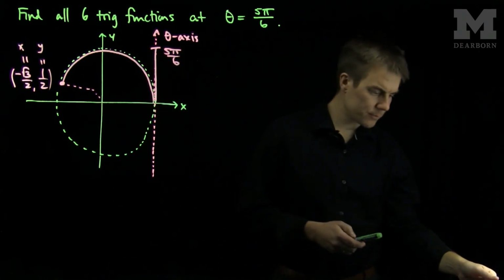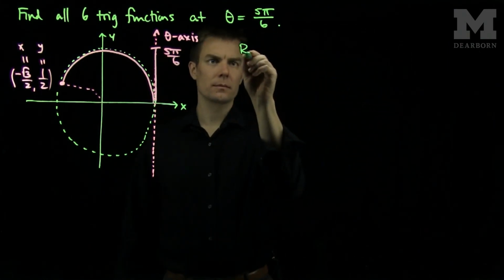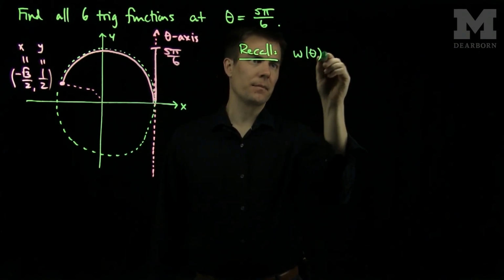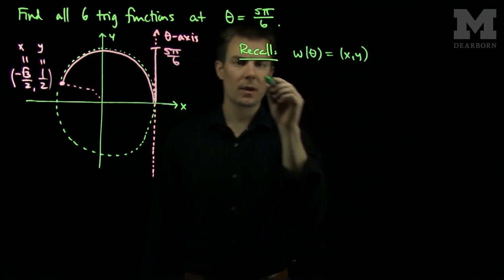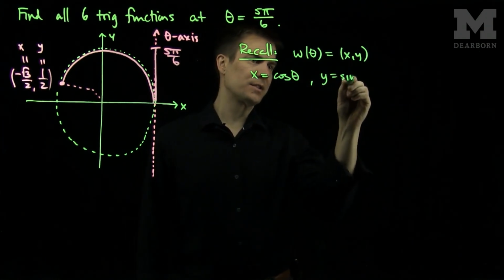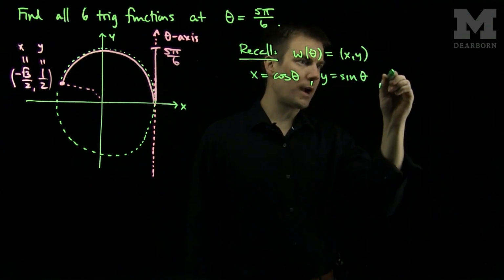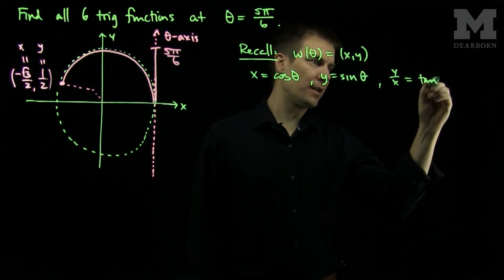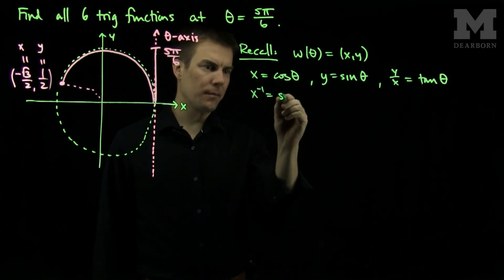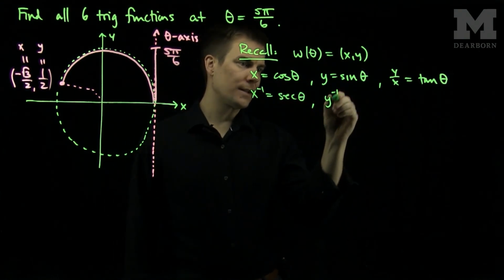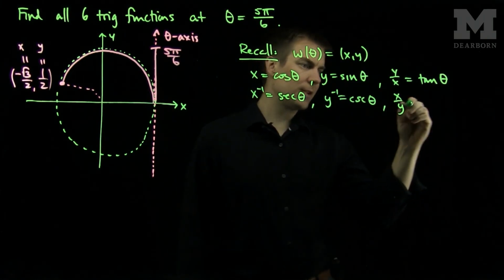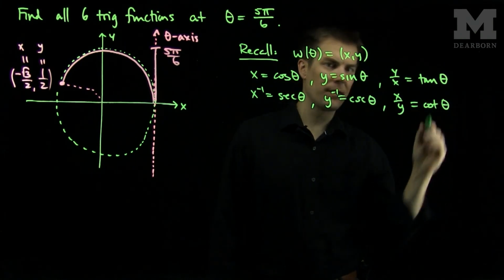And we recall now that if the wrapping function of theta is x, y, then x is the cosine of theta, y is the sine of theta, y over x is the tangent of theta, and then the reciprocals of these: x to the negative 1 power is secant of theta, y to the negative 1 power is cosecant of theta, and x over y is the reciprocal of tangent, which we call cotangent of theta.